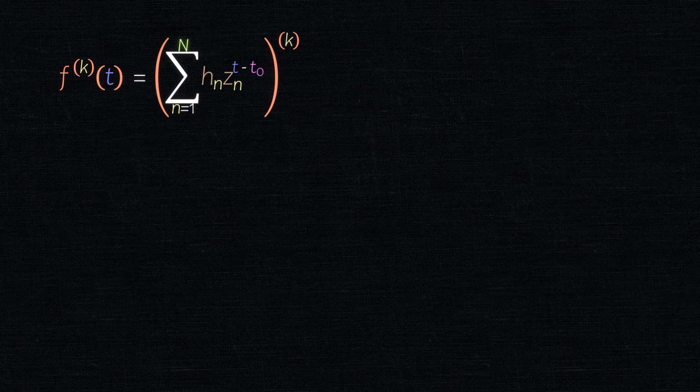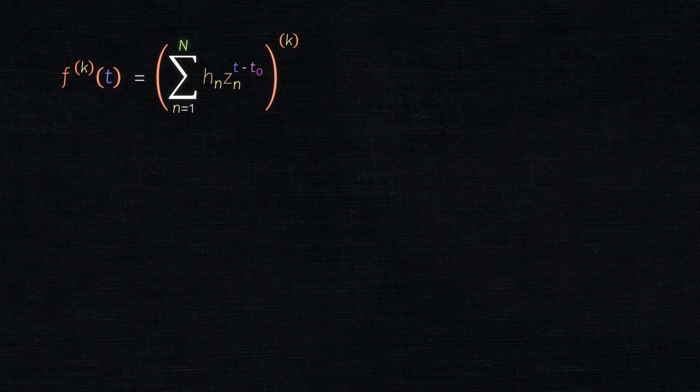If a function f of t is a sum of exponential terms, the sequence of its derivatives at point t0 can be treated also as a sum of exponential terms sampled at equidistant points as required by Prony's method. Let us find a derivative of arbitrary order k of a sum of exponential terms at point t0.